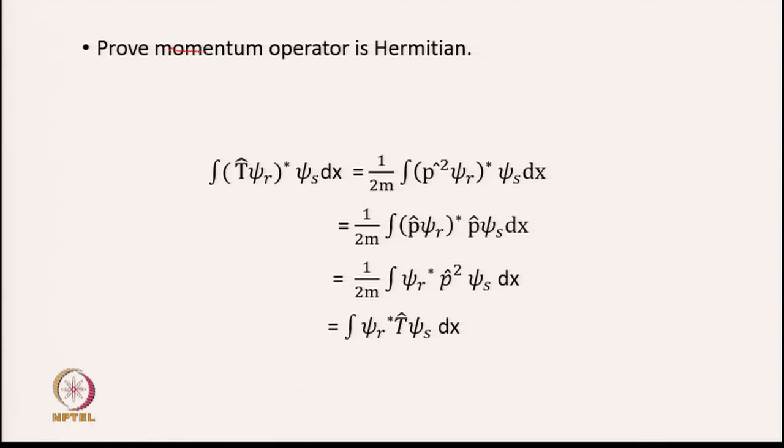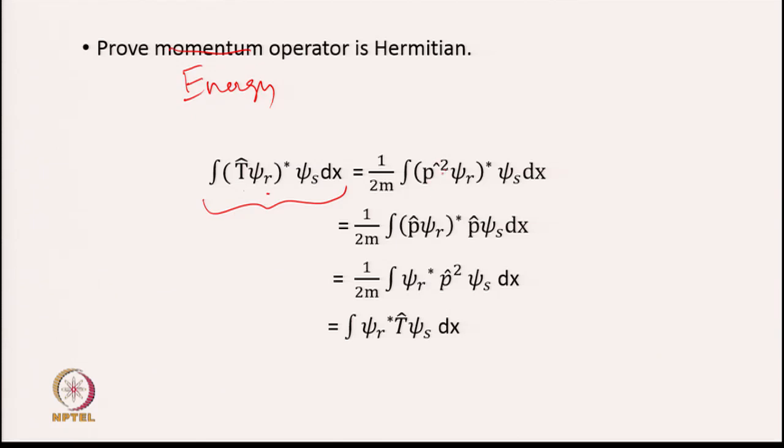Now we are going to prove that the energy operator is Hermitian. If you try to calculate the right hand side the way we did for the other one, this is the total energy operator applied on psi s, times the complex conjugate psi r star, dx. The total energy operator is p squared by 2m.